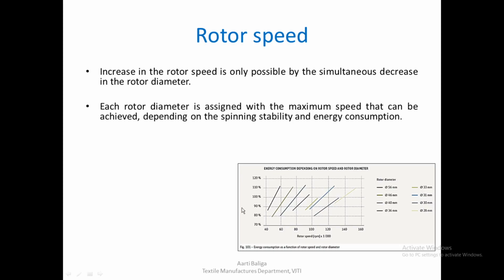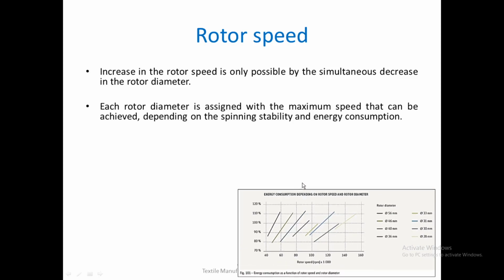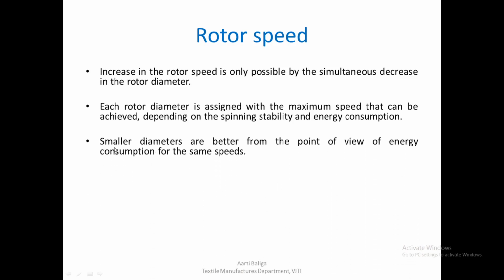As the rotor speed goes on increasing, naturally the energy consumption for each of these rotor diameters keeps on increasing. But at the same time, you see that the smaller the diameter, the better it is from the point of view of energy consumption for the same speeds. So with a smaller diameter, you can conserve some amount of energy.